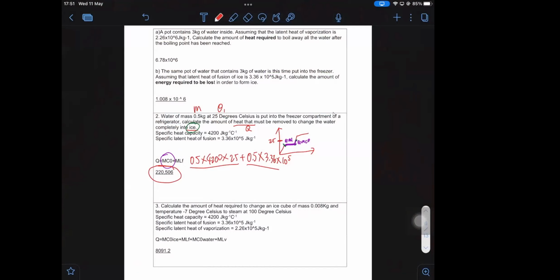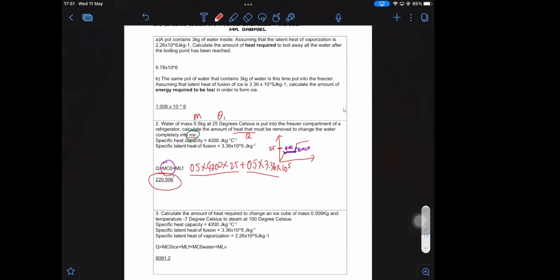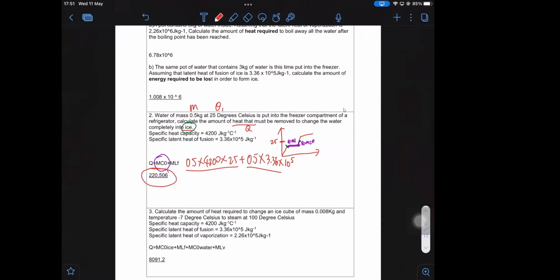Okay, guys, are you done? Anyone stuck at any particular question that you cannot solve?